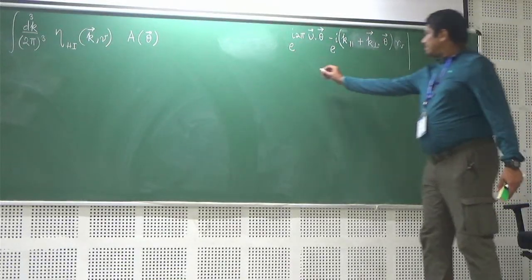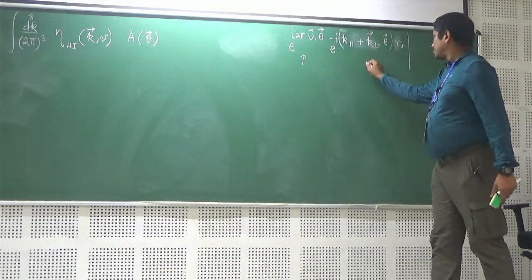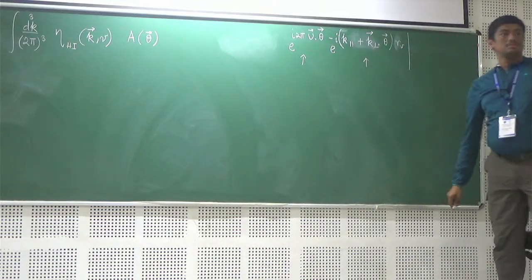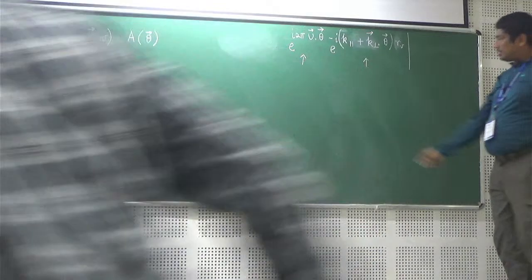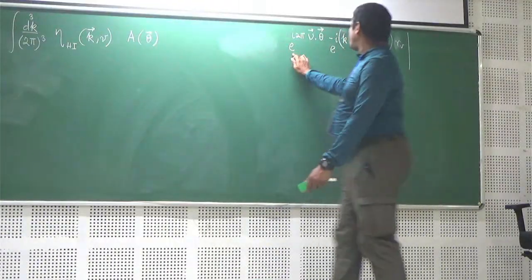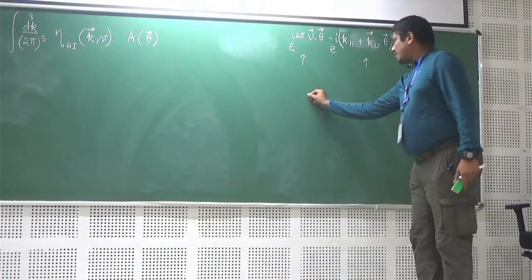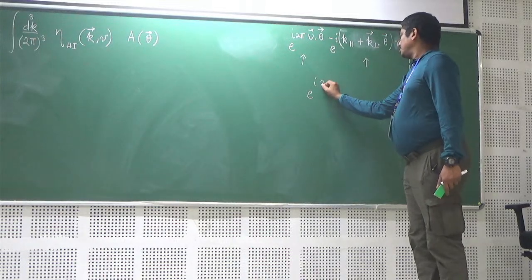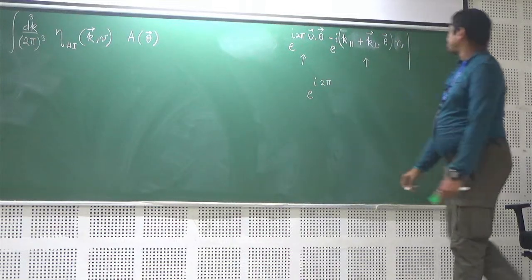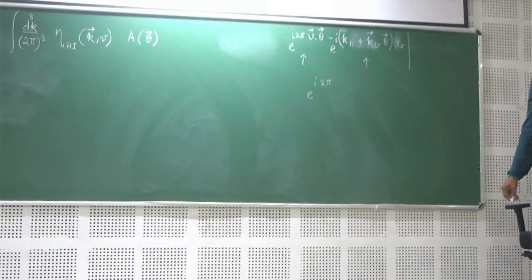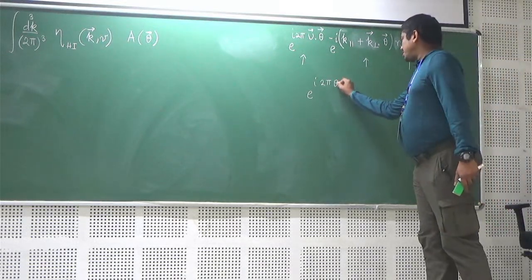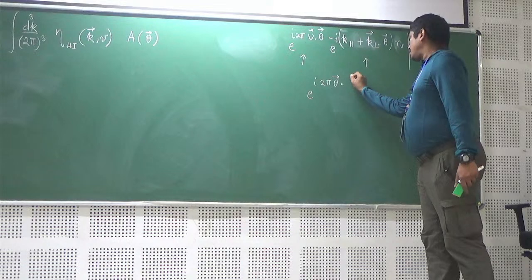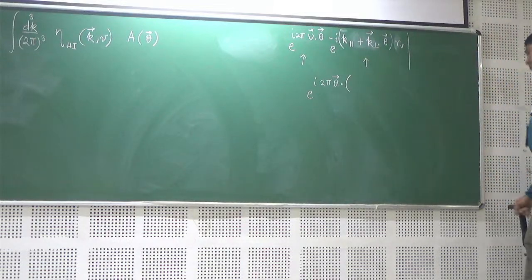If I look at these two terms, what we have there? I have these two terms combined. I have e to the i 2 pi, both of them have theta, so I can take the theta outside and dot product with what?